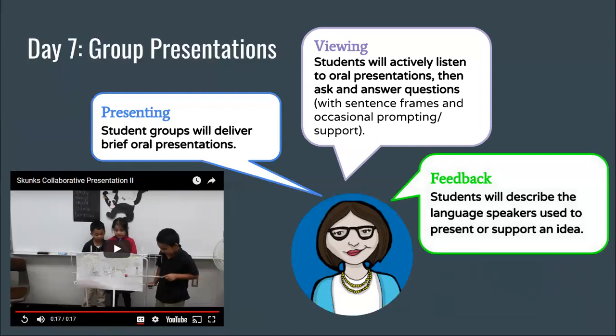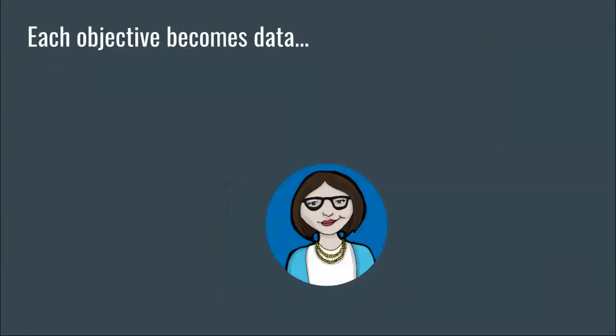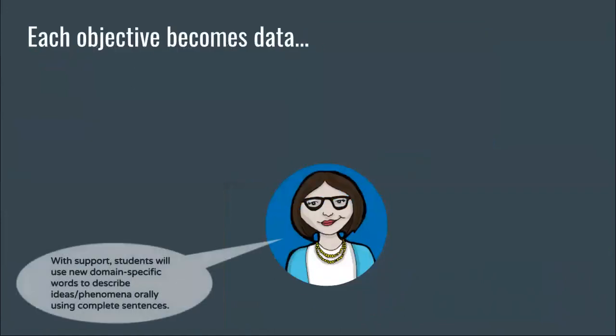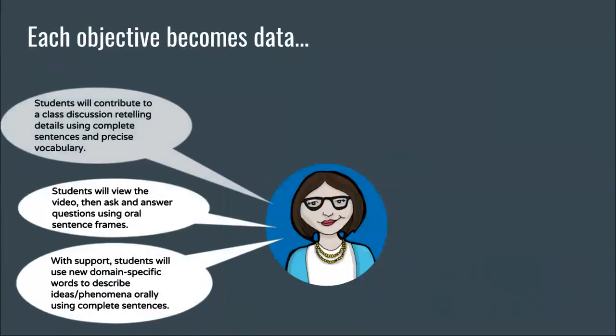And finally, students will give each other feedback. They describe the language speakers use to present and support their ideas, and they also describe elements of the illustrations. So each objective from day 1 through day 8 becomes a language objective.